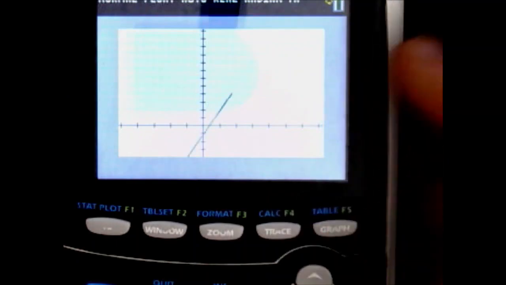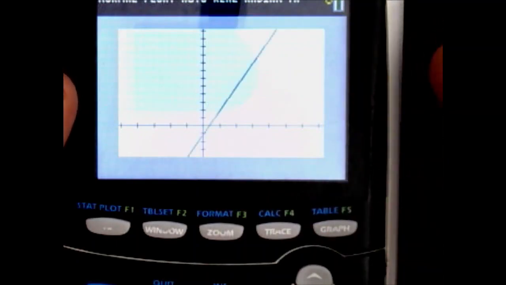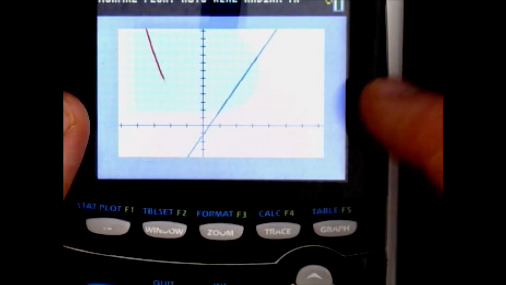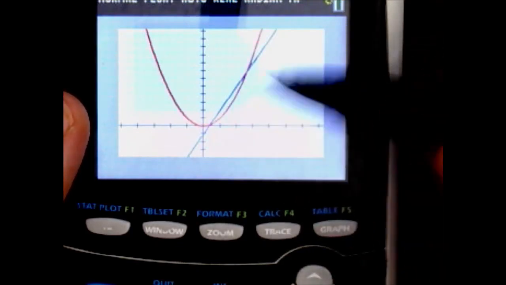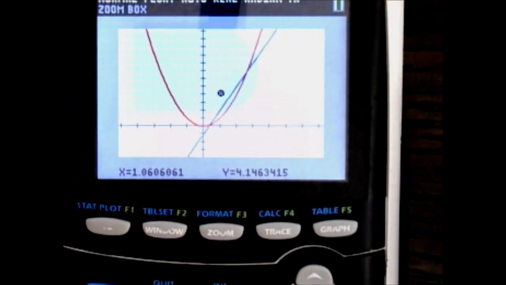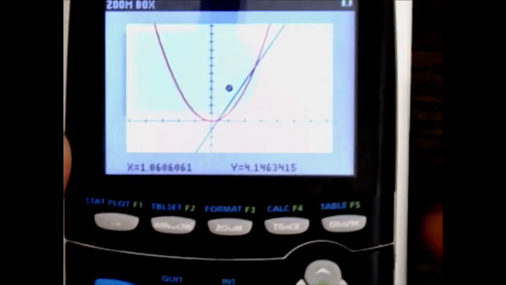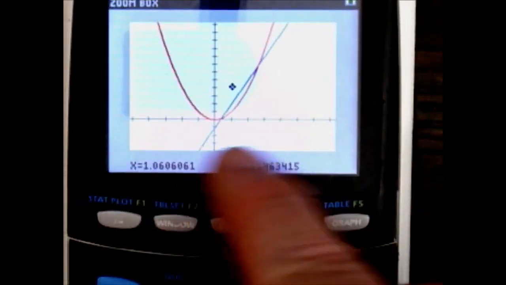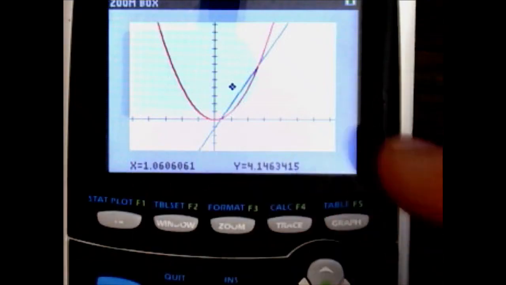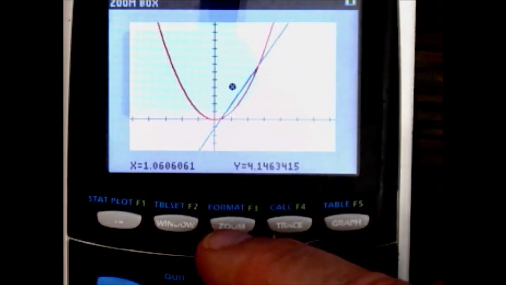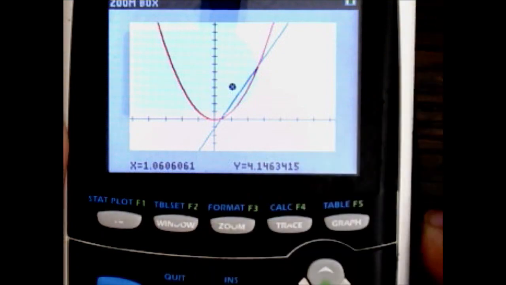And now you've got a new screen and it should be a lot better because now you can see clearly where these two guys intersect. That's called Z box. Now if you want to have the X values be decimals as you move along, you can hit zoom 4.